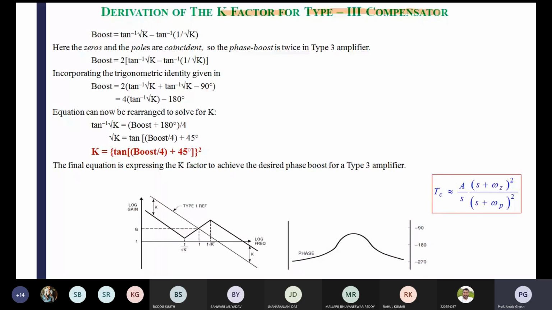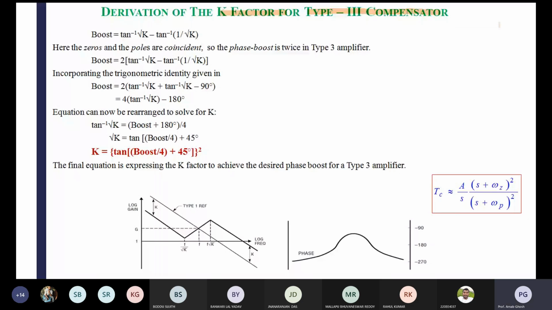Another consideration is that these two lead controllers have the same poles and the same zeros: all the poles of the lead controllers are placed in the same locations, and all the zeros are placed in the same locations. So if you draw the Bode diagram, you know that.